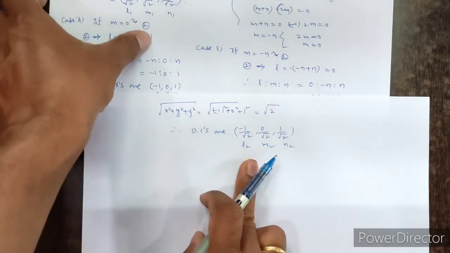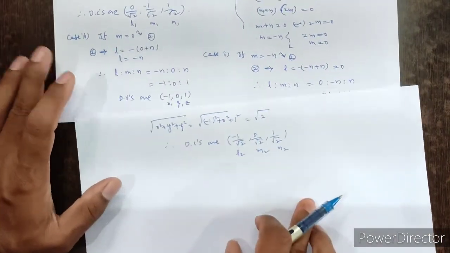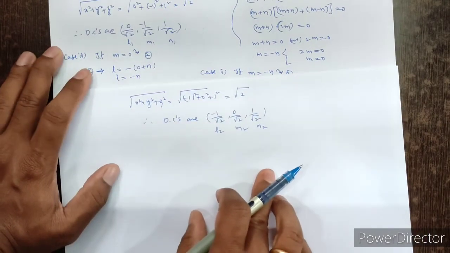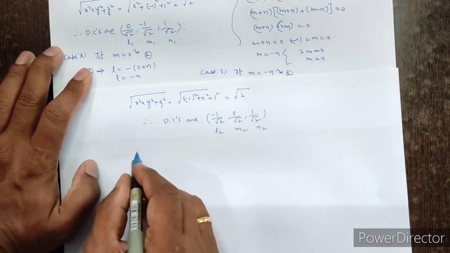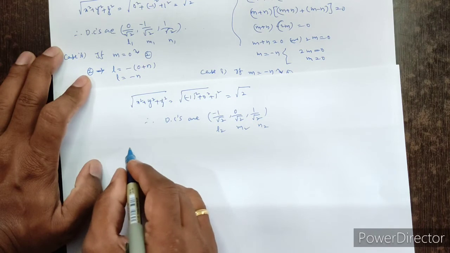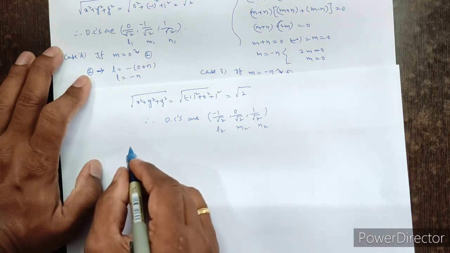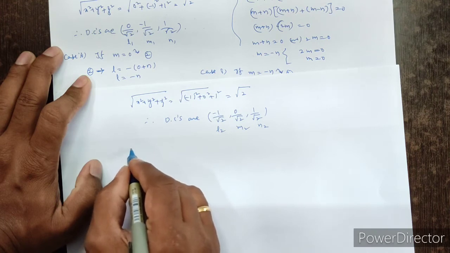If they give the direction cosines of two lines, what is the angle between the two lines?